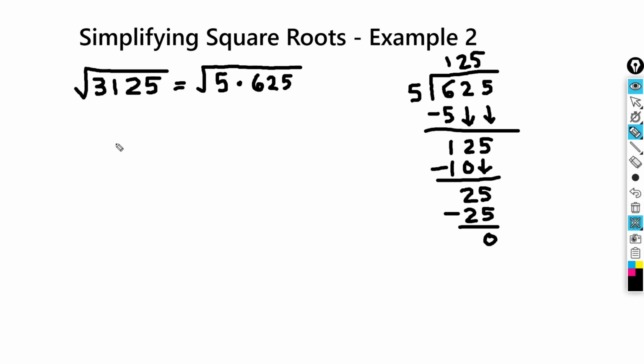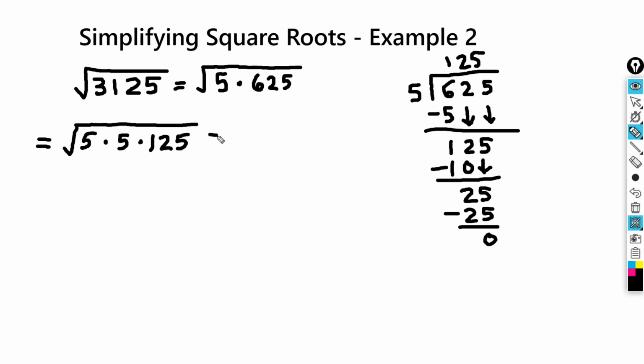Okay, so we can break this down further into 5 times 5 times 125. Well, 5 times 5 is 25. The square root of 25 is 5.